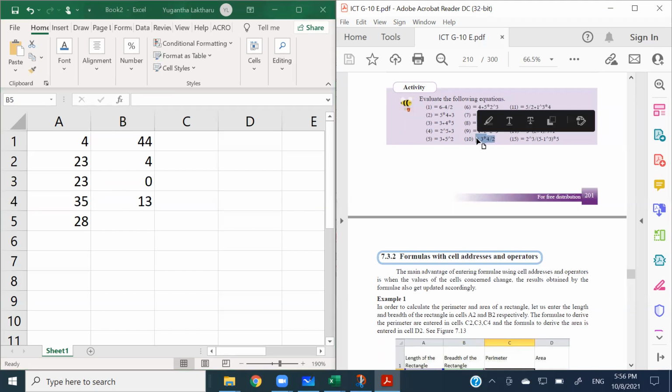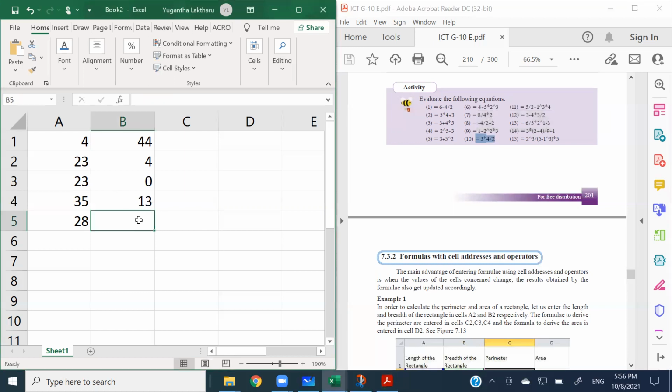Right, then the 10th. Oh, 6 or 14. Someone says 14, others said it is 6. Let's see. I think it's going to be 6.